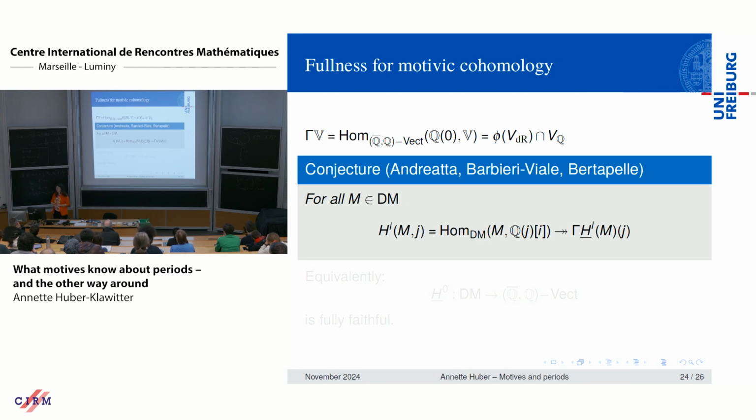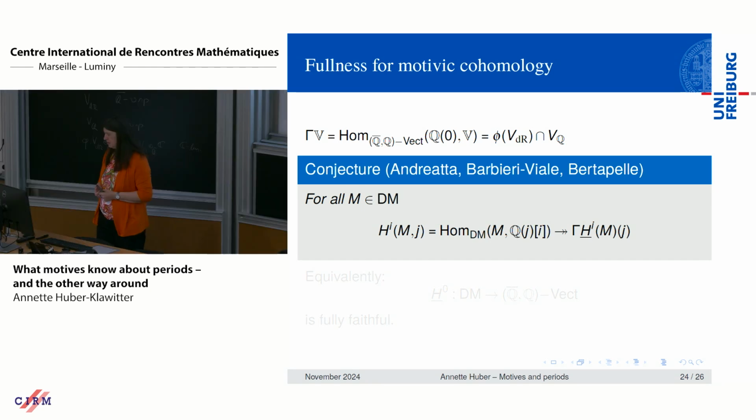And what I get are global sections of H^i of M twisted by j. Maybe it's minus j. Yeah, plus or minus, sorry, not sure about the plus or minus. But global sections, that's morphisms of the unit object to F. So you can work out what this means. A morphism from Q with the identity means that you have a class in V de Rham and you have a class in the Q component, and they have to be compatible under the comparison isomorphism.